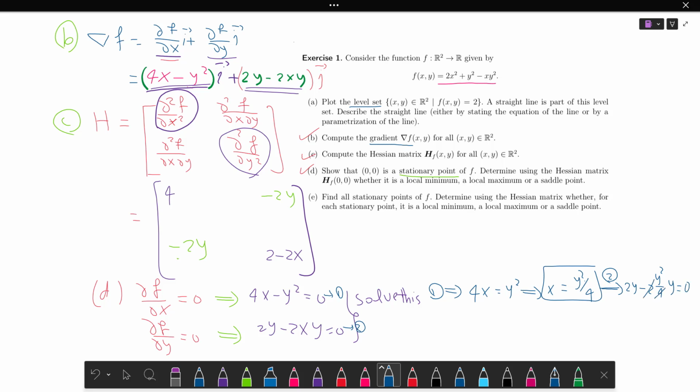Now I cancel this with this, I have 2. Multiply by 2, so you have 4y minus y cube equal to 0. I can take y as a common factor, so I have 4 minus y square equal to 0, right?